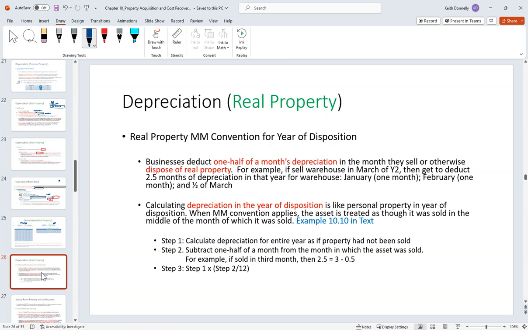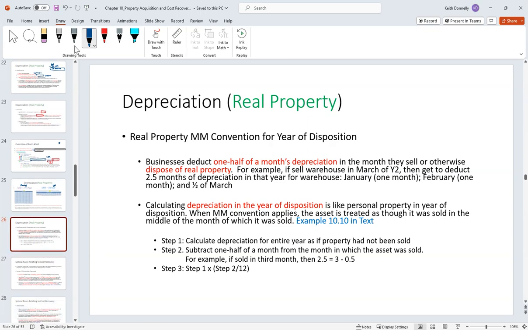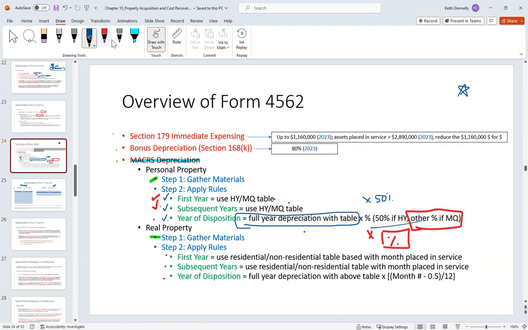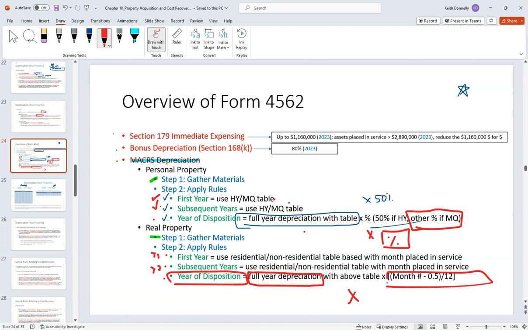Okay, where it gets a little bit tricky. So we talked about year 1. In year 2, just use the table. In the year of sale, it gets tricky. Essentially what you do is you figure out a full year of depreciation using the table, and you multiply it by this little formula here: the month number that you sold it minus 0.5, over 12.